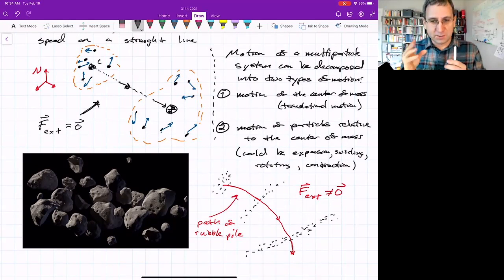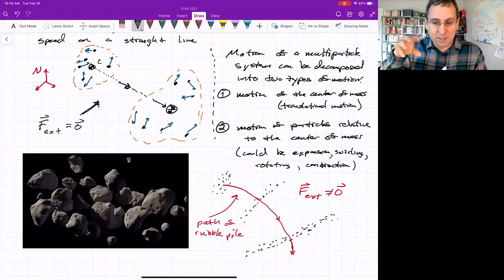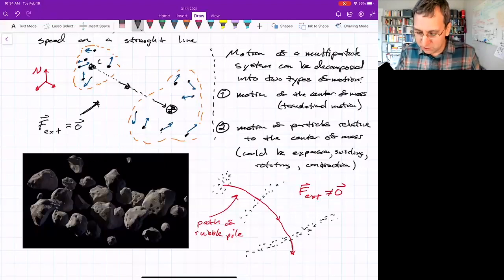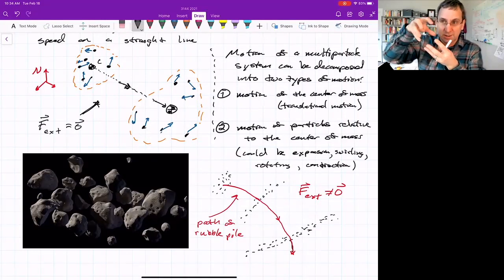Once we restrict ourselves to the case where each of these particles, instead of moving independently, is rigidly attached to the others, that's a rigid body. And the only type of relative motion, the motion of the particles relative to the center of mass, imagine a crystal structure, is rotation.